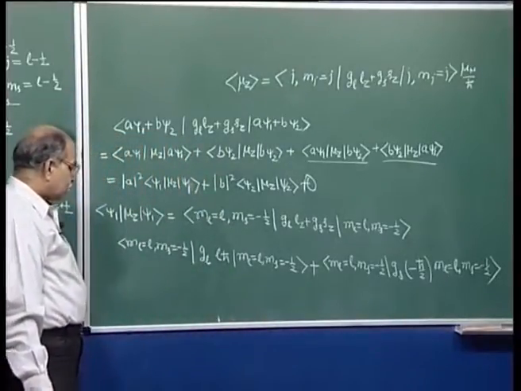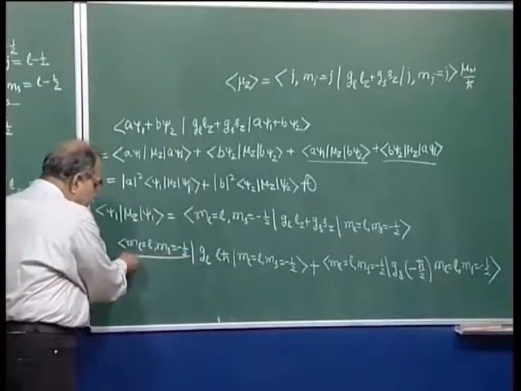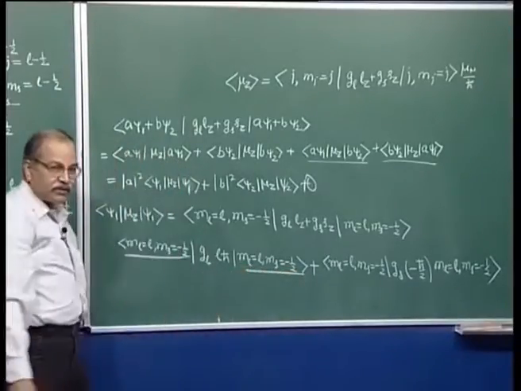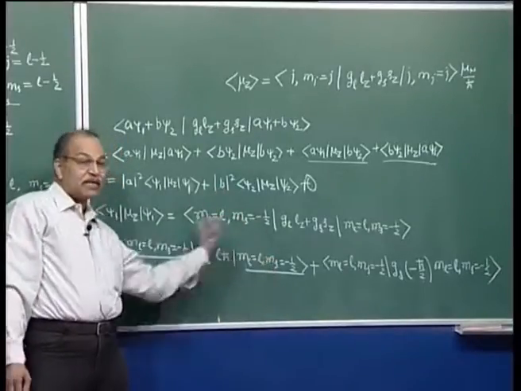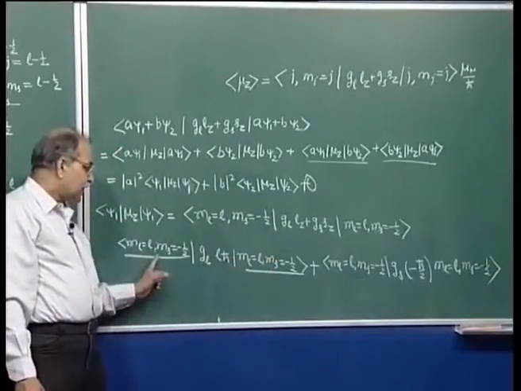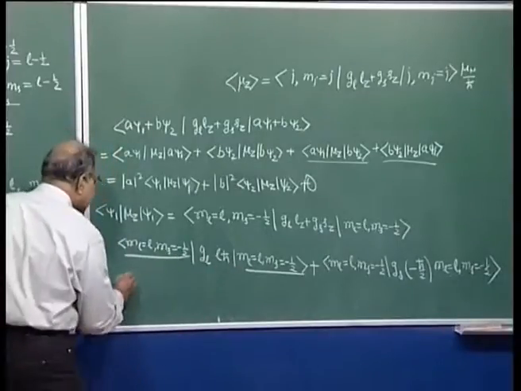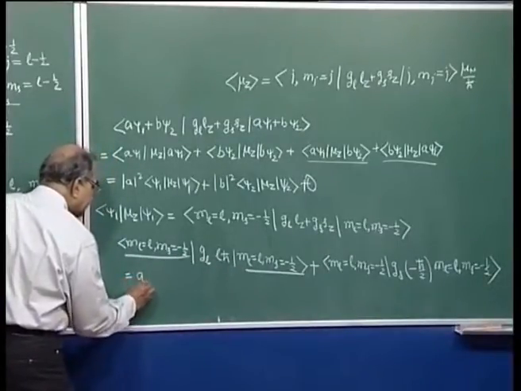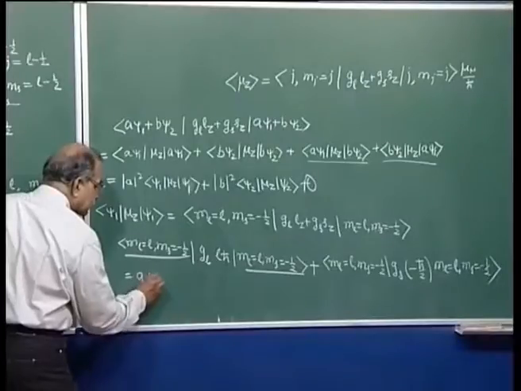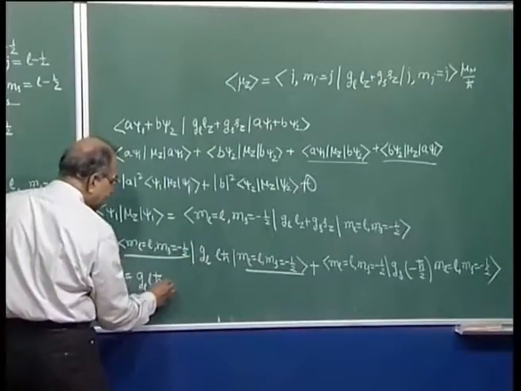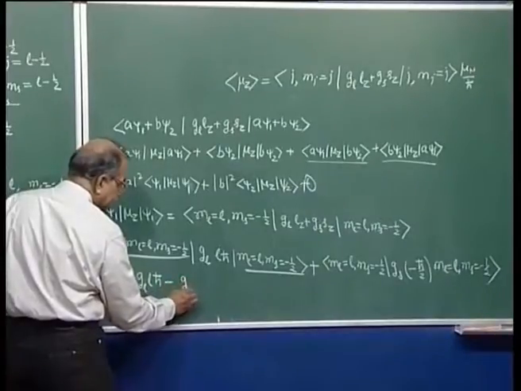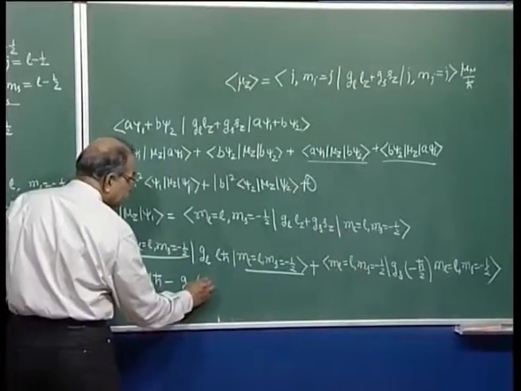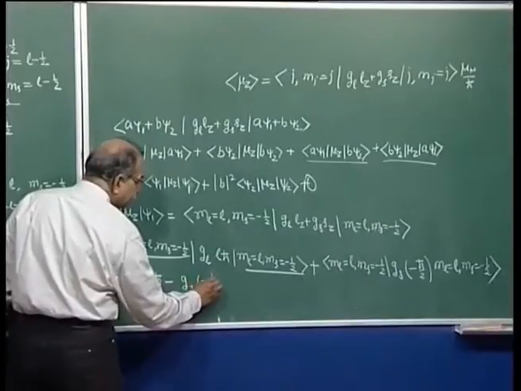Now, this wave function and this wave function are the same. When you operate, you get the same wave function multiplied by the corresponding eigenvalue. So, that will be 1. So, it is just GL times L h cross, and similarly minus GS times h cross by 2.